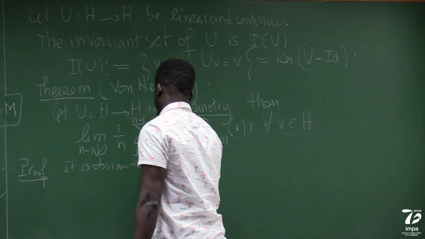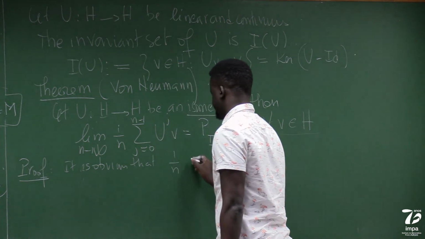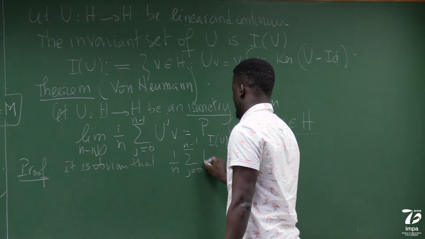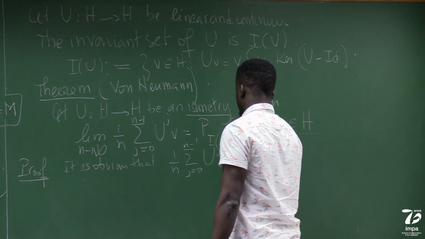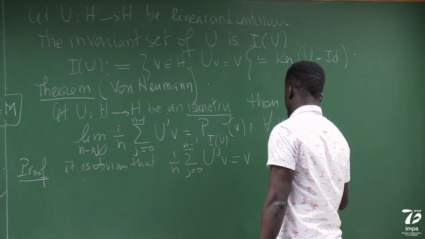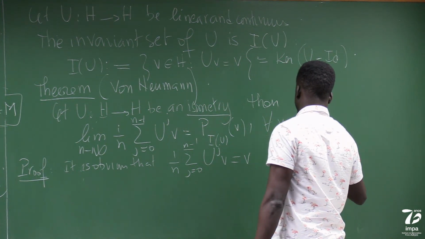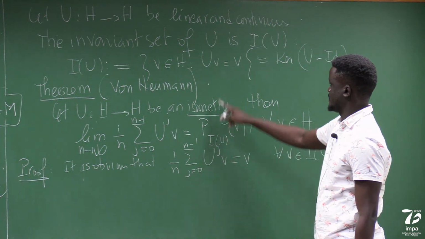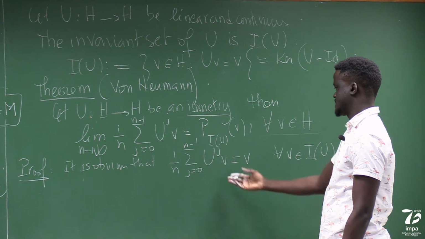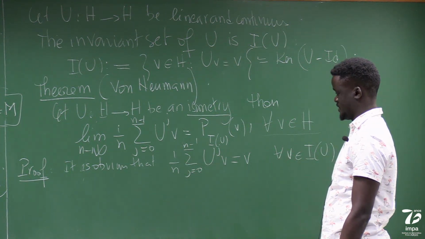that 1 over n, the sum j equals 0 to n minus 1 of U^j v equals v for all v in I_U, right? So if you are in I_U, this is just v, so you sum the same quantities, so it is n times that, divided by n, you get v here.